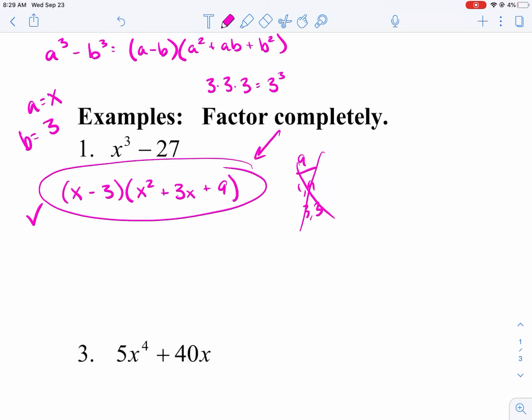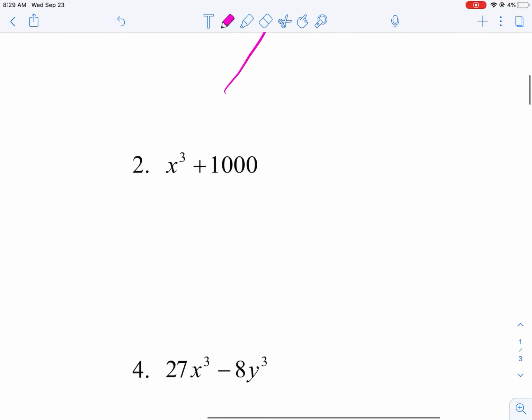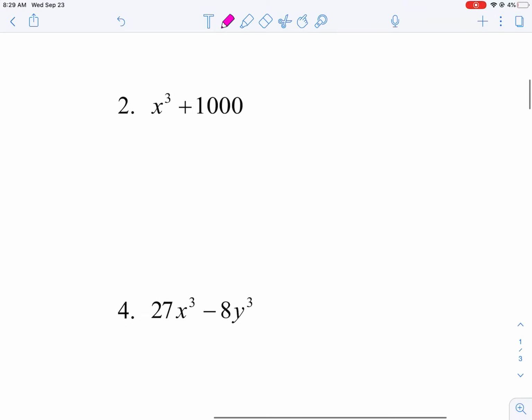So let's move on to the next one. This one has a plus sign in the middle. Hence, this will be a sum of perfect cubes. The sum of perfect cubes, when factored, will look like this.